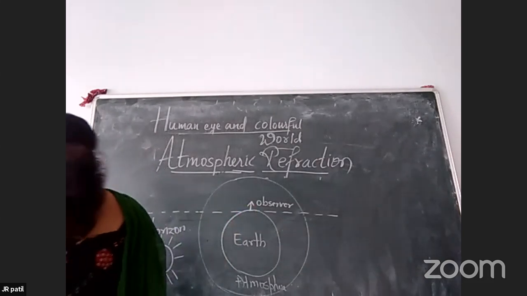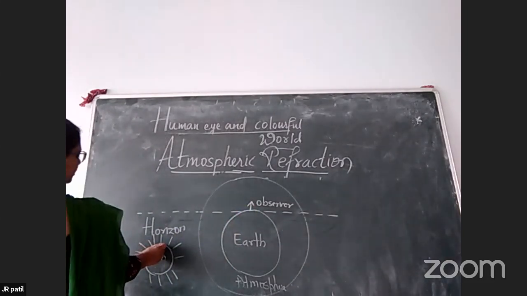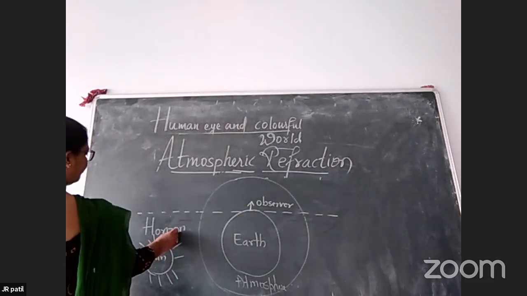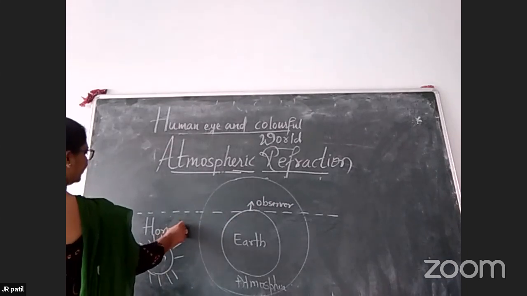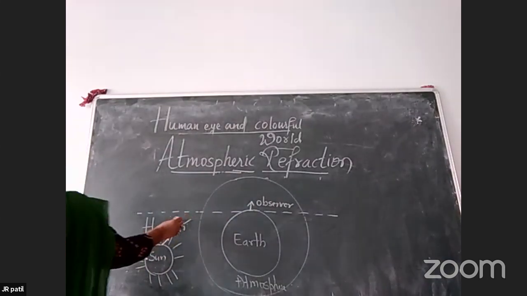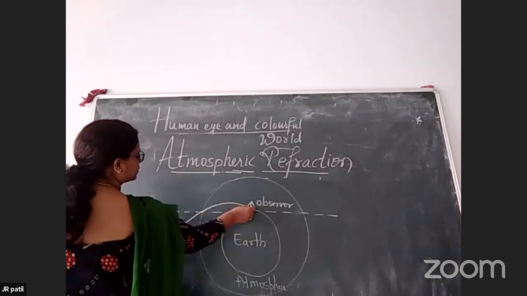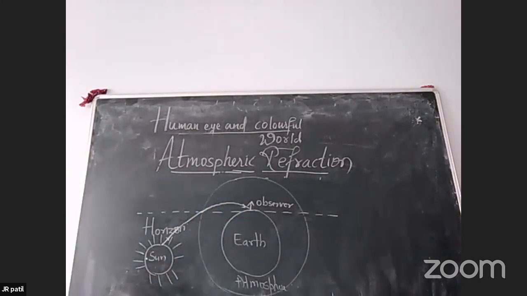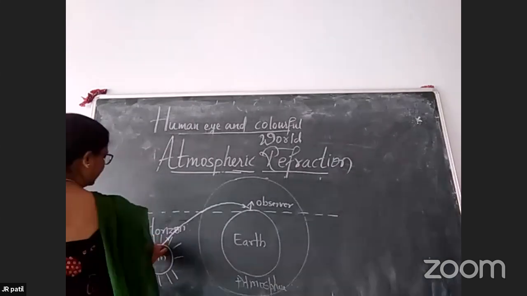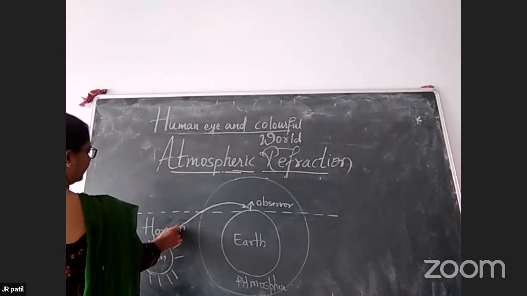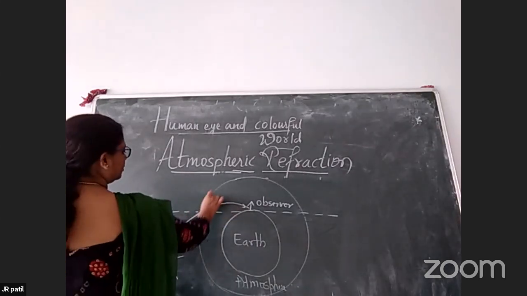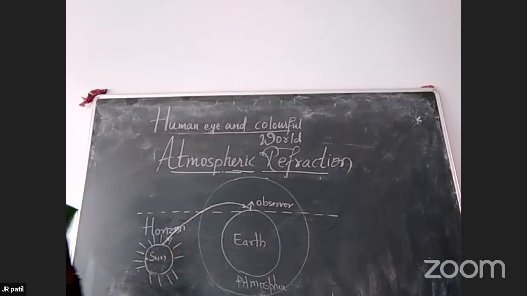What happens? The light from the sun, when it enters the atmosphere, goes through continuous refraction, and the light falls on us like this. The light reaches our eyes due to refraction, and we can see the sun.